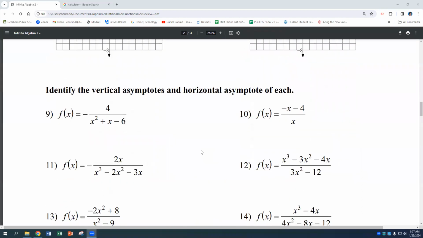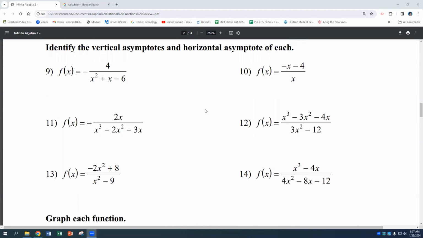All right, the next 6 are identify the vertical and horizontal asymptotes, so you don't have to graph them. Okay, so again, if we look at our numerator and denominator here, this is a 0 degree polynomial, 0 degrees. Okay, and the bottom here is a 2nd degree.